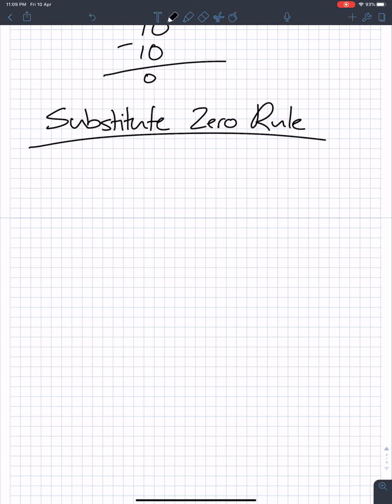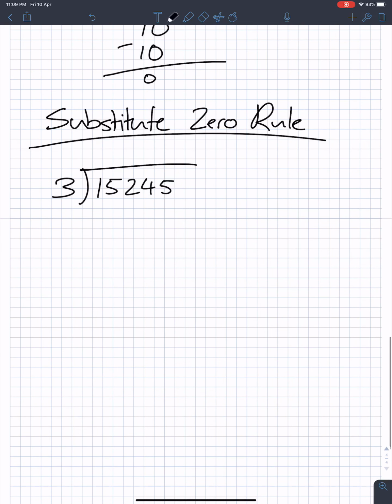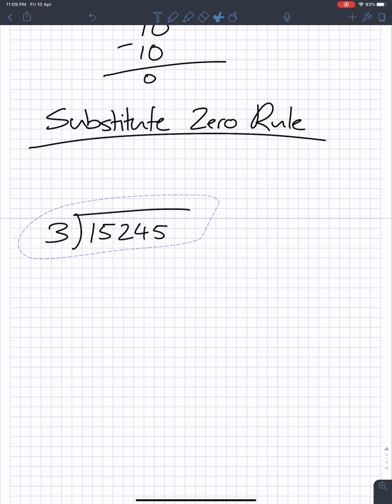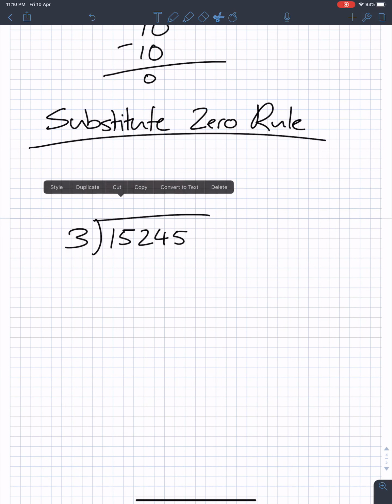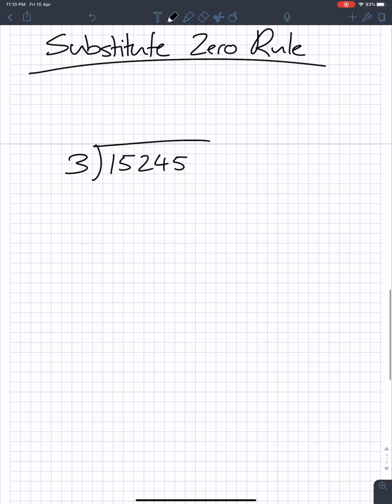Okay, so let's, for example, take the example of 15,245 divided by 3. Okay, let's carry on with solving this problem how we normally would, and see when or how the zero substitute rule comes into play.